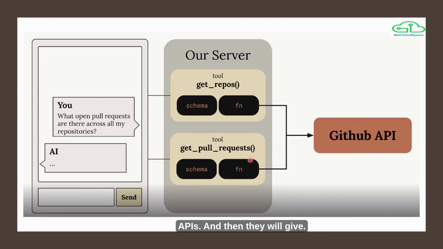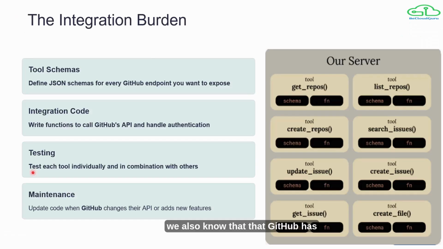Now we also know that GitHub has massive functionality. It has got repos, it has got issues, it has got your projects and tons more, right? Without MCP, we would need to create an incredible number of tool schemas and functions to handle all of GitHub's features, and then you need to integrate that part of the code, test them whether it works or not with the different interfaces, and then we need to maintain it as well so that it keeps on working.